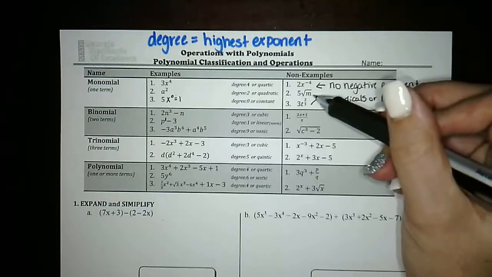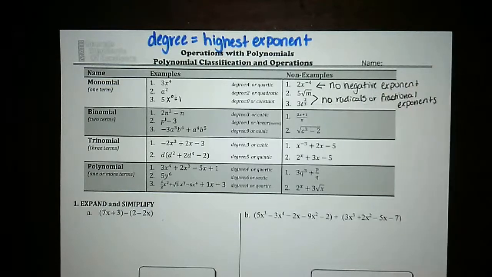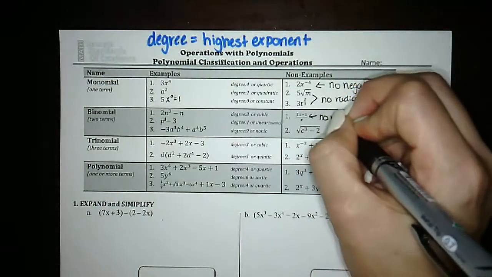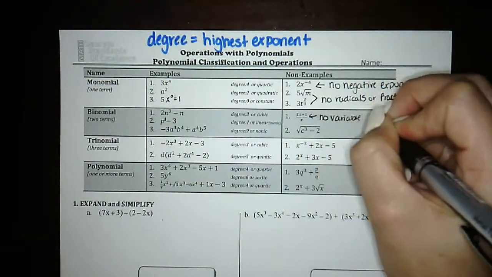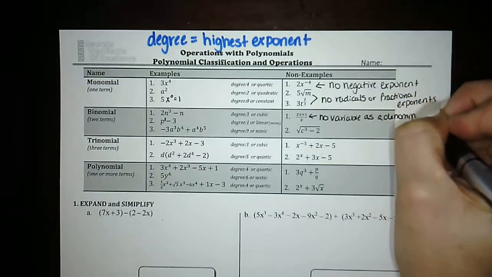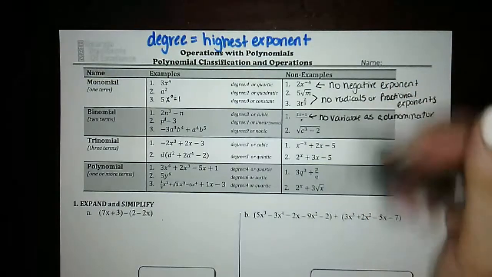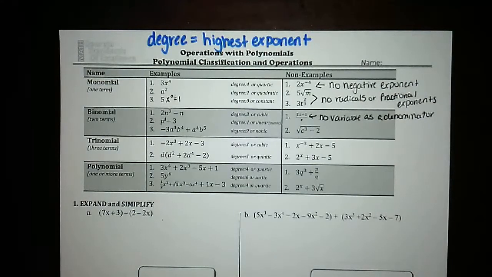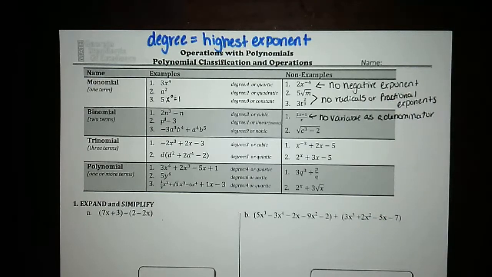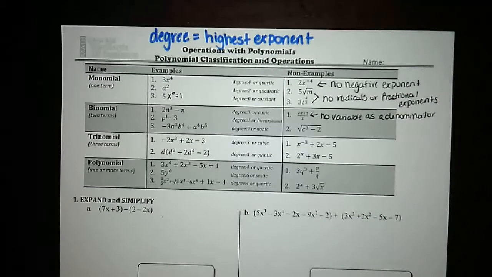Remember, we can write a radical as a fraction exponent, so you can't have any of that. And no variable as a denominator. So these are all the examples you cannot have in terms of a polynomial. So if you see any of this, the rules for polynomials don't work for this.